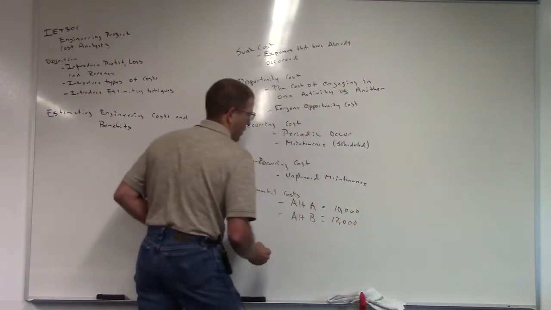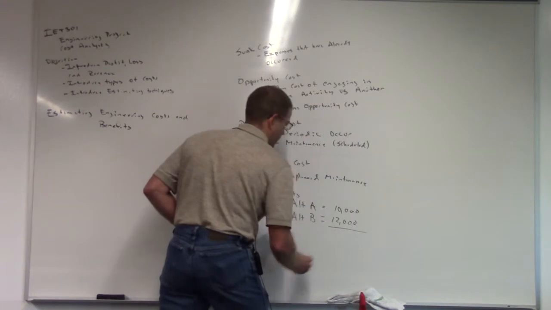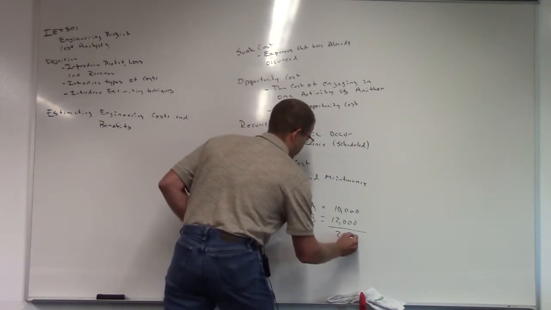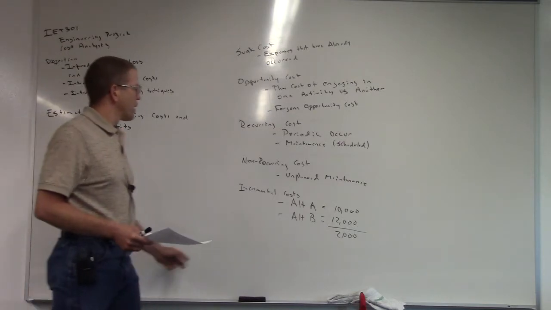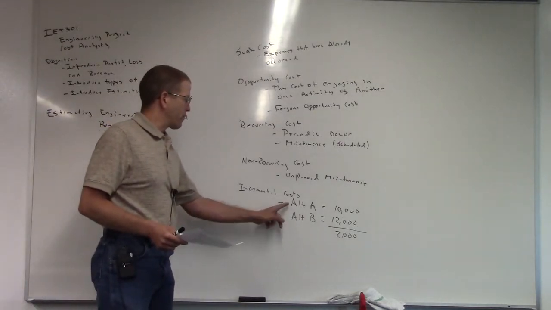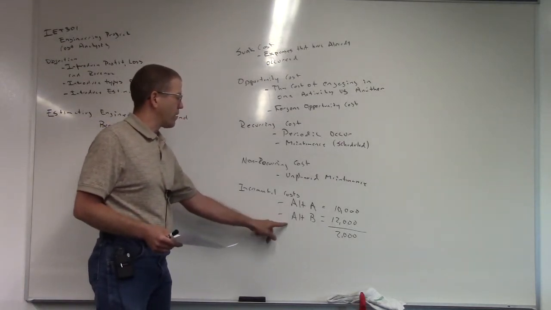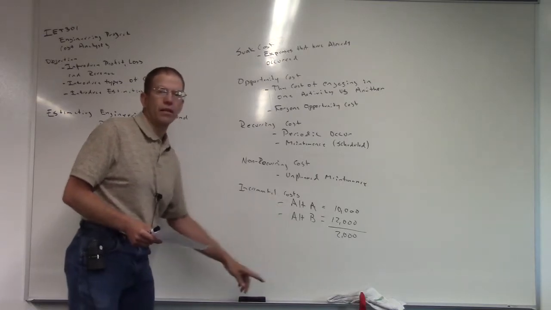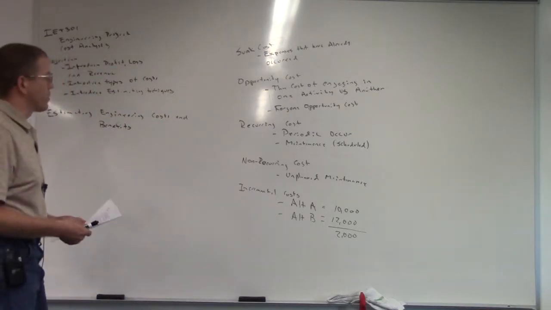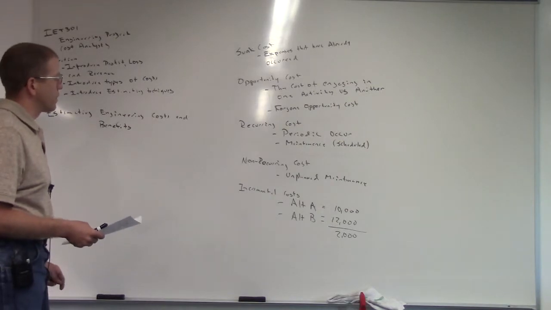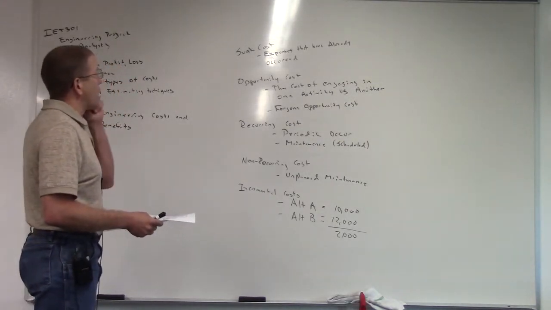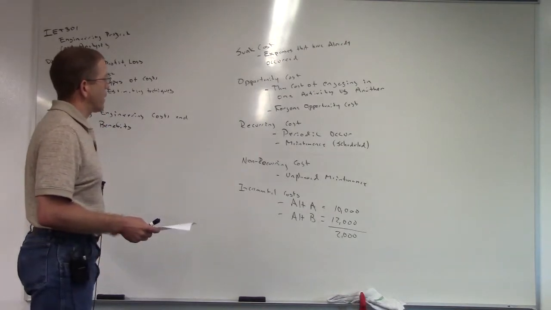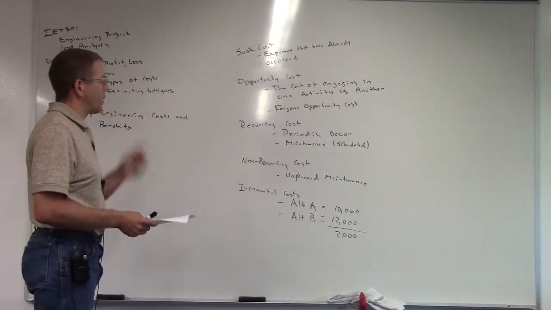The incremental cost between these two alternatives is $2,000. So what we see is that going from alternative A to alternative B will cost us an additional $2,000 to choose that alternative. So with this then, we're done taking a look at the costs associated with this chapter.